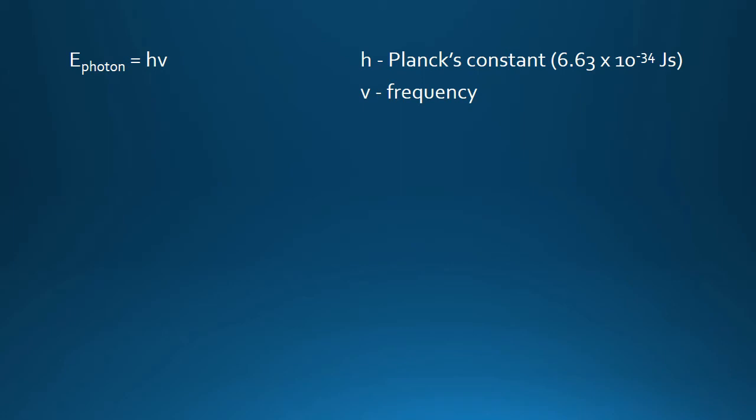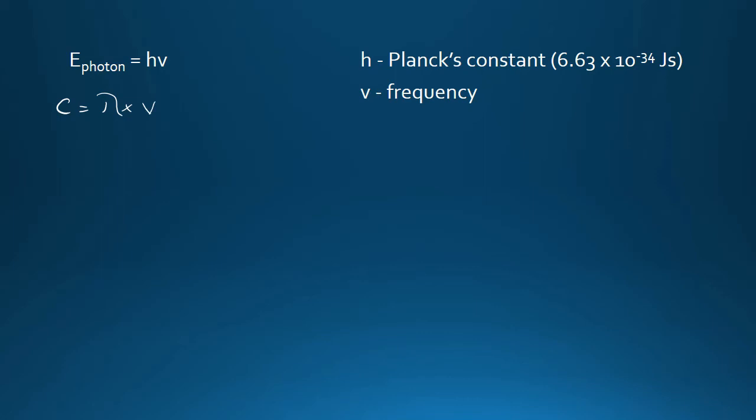E photon is the energy of the radiation, and what wavelength the radiation needs to be to break a bond. h is Planck's constant, 6.63 times 10 to the negative 34th joule seconds. v is frequency. When we're looking at the electromagnetic spectrum, we also need c, the speed of light, which equals wavelength times frequency.